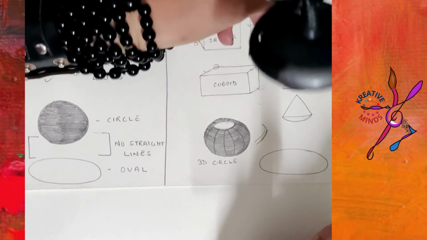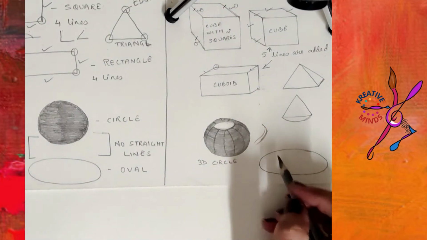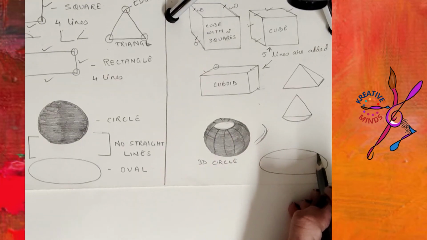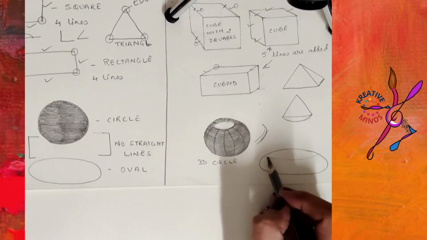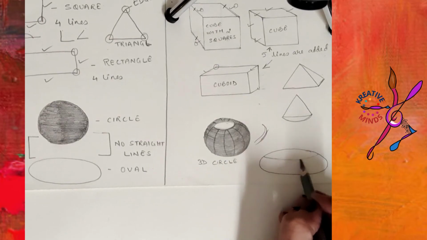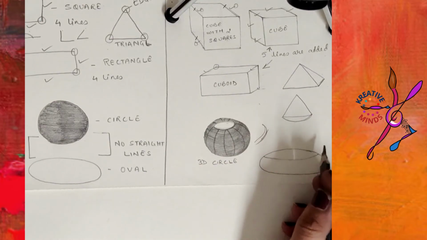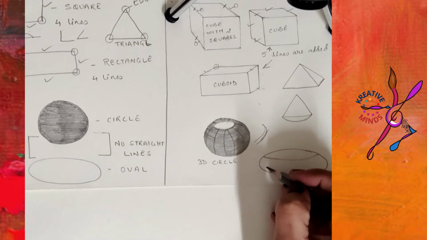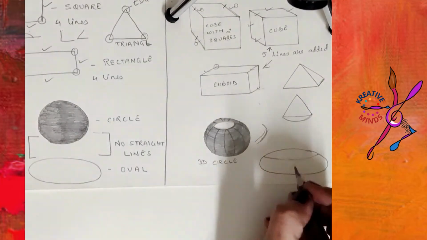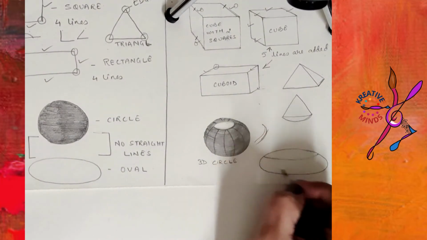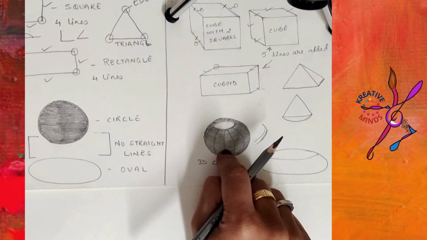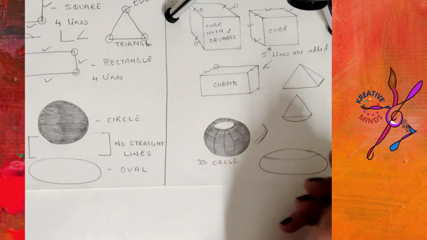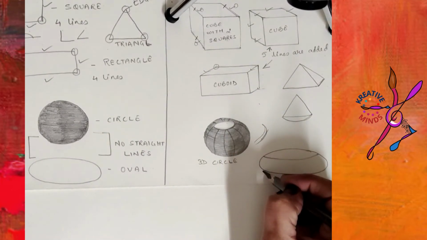Okay? So what I'm going to do is, over here, make a line like this. I'm going to make a semicircle kind of line, a semi-oval over here. Now in this, I will not be coloring like I colored in the previous one. In this, the shading will be coming from top to down.